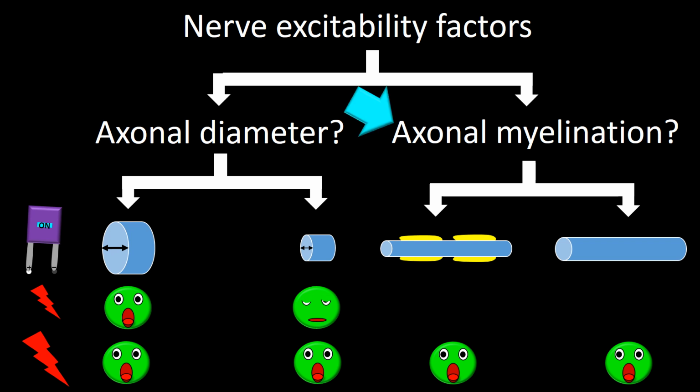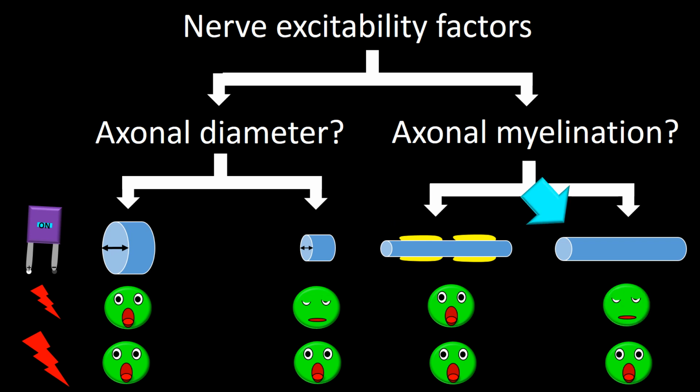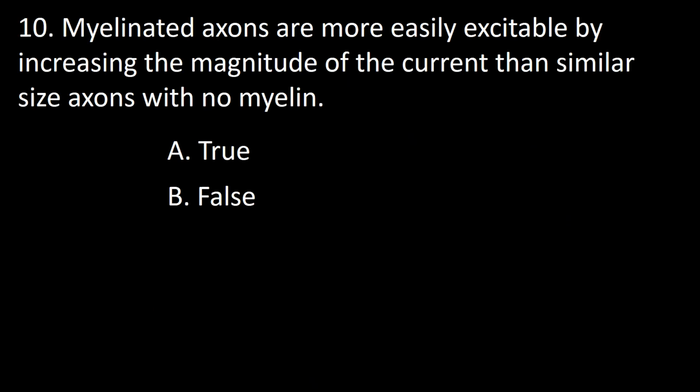On the other side, we have myelinated axons and unmyelinated axons of equal size. The small stimulus excites the myelinated axon, but does not excite the unmyelinated axon of the same diameter. So the answer to this question is true.